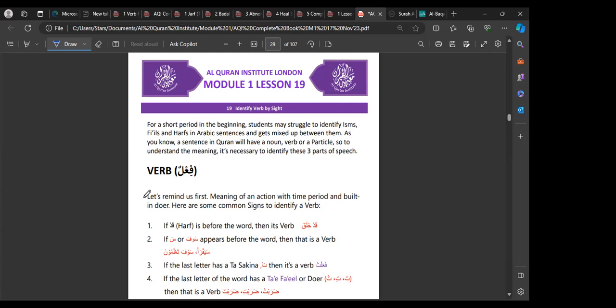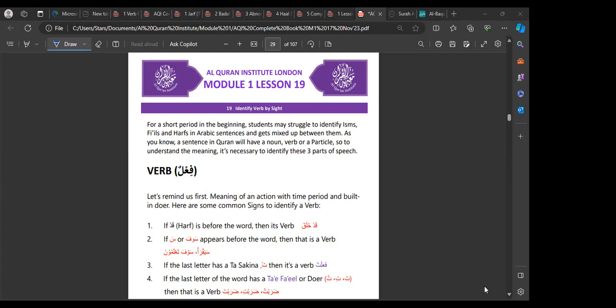It will be one word and it means both "he" and "did" in one word. Yeah? So fa'ala contains both the word "he" and "did," he being the built-in doer.